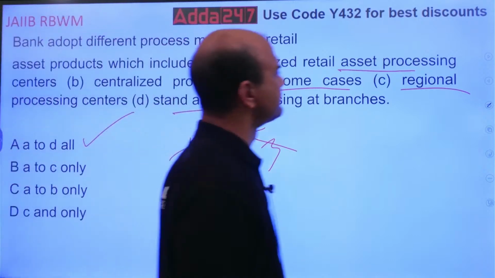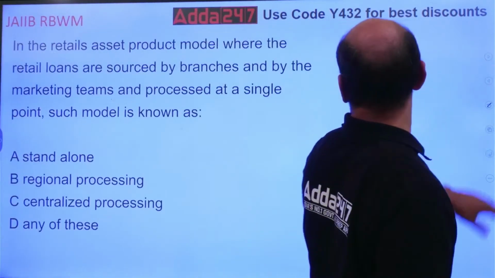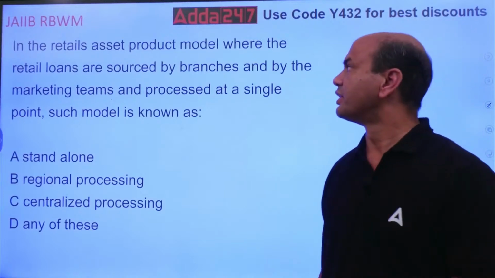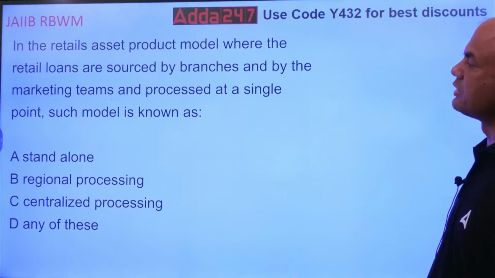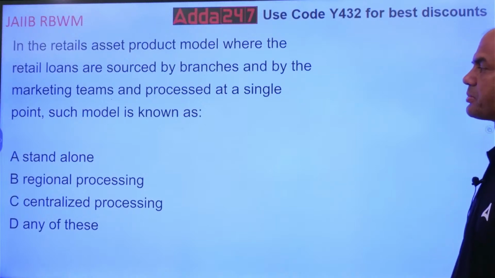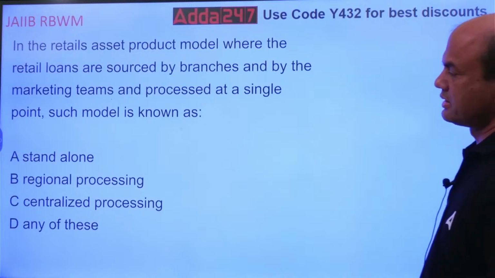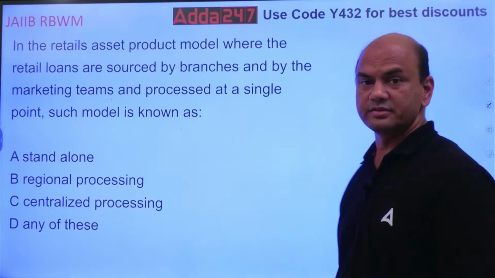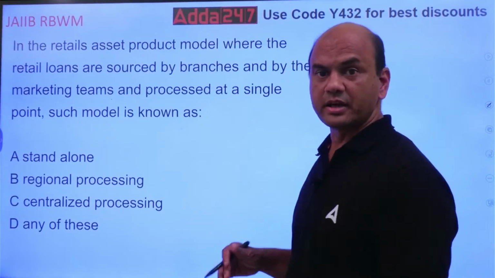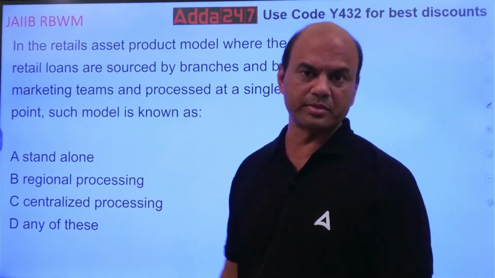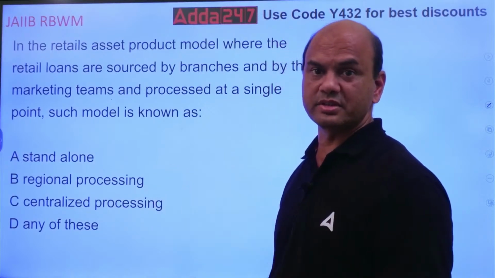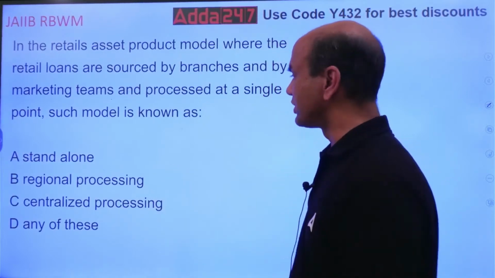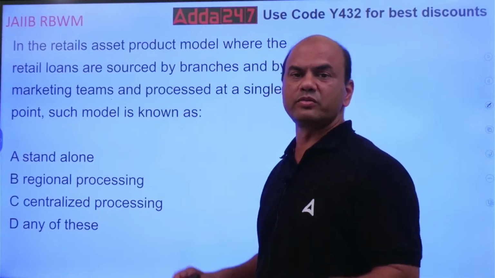Next. In the retail asset product model, where the retail loans are sourced by the branches and by the marketing teams and processed at a single point, such a model is known as? It's an upgradation from the earlier question, a step ahead. The earlier question was about standalone versus CPU.